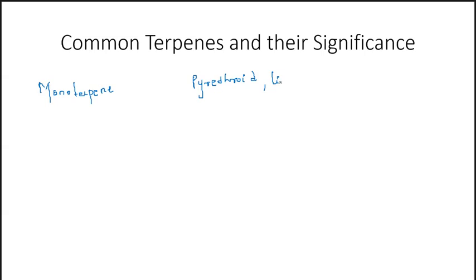That is why they can be the ingredient of many insect repellents. Limonene and camphor have medicinal value. Diterpene, the main example was Taxol, vitamin A1, gibberellin.